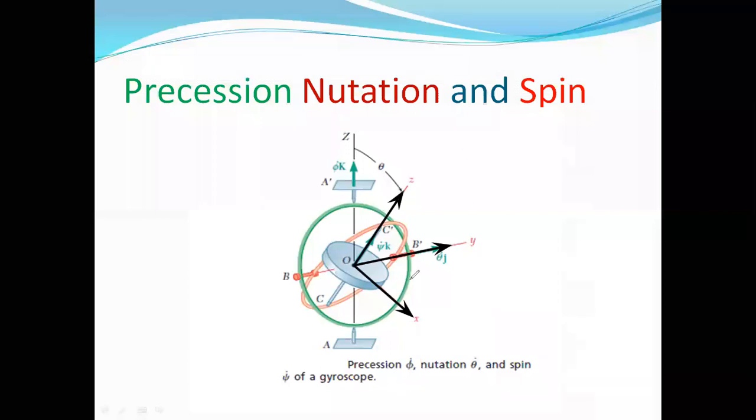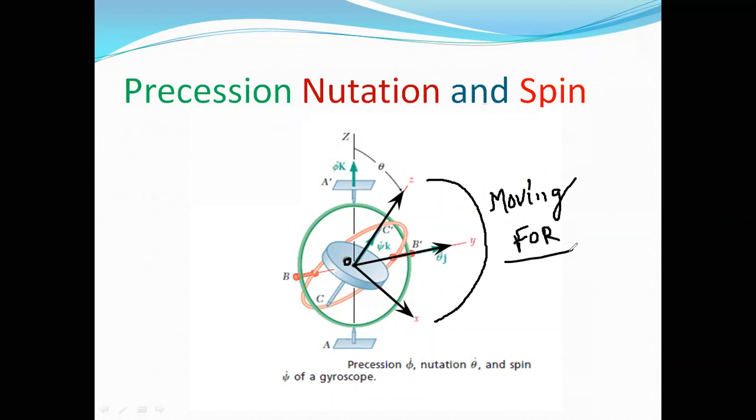This small x, small y, and small z have their origin again at the center of the disk. These three axes represent our moving or rotating frame of reference, FOR.